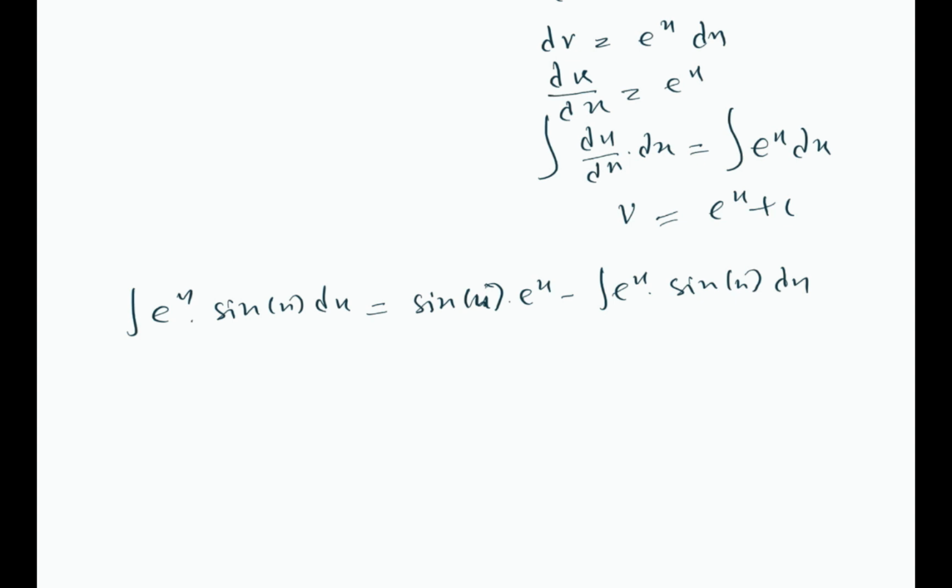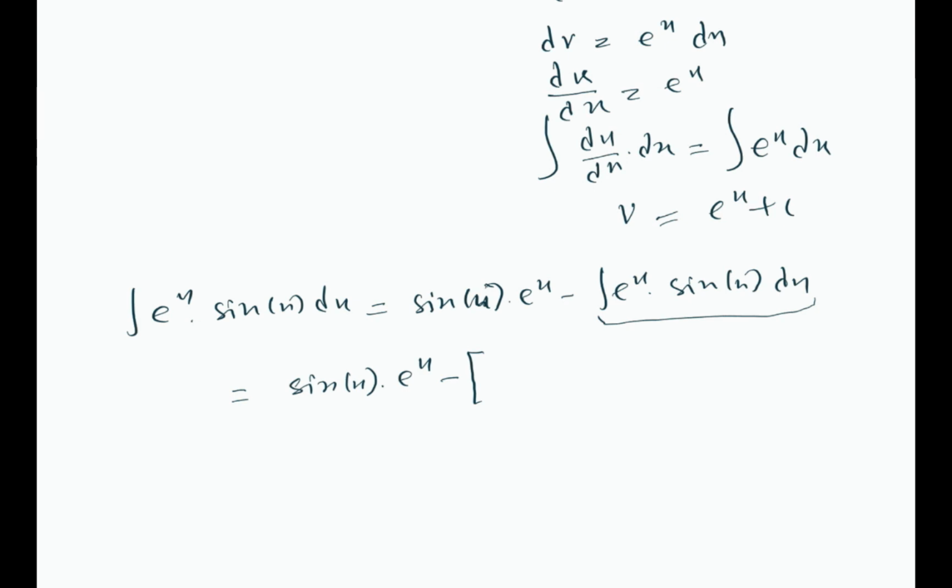So I have taken this original equation already, so I can write sine of x times e to the power x minus. So here we need to apply our integration by parts technique, right? So I can take a third bracket.